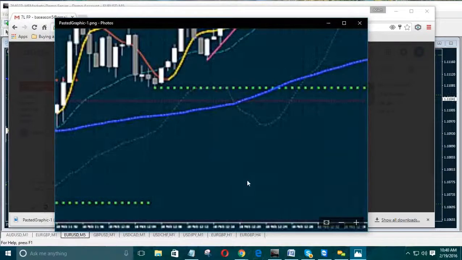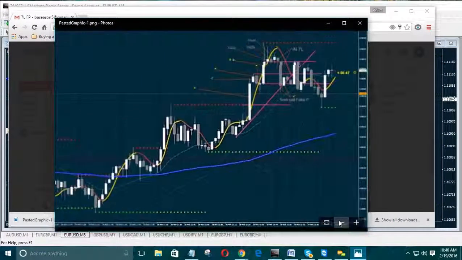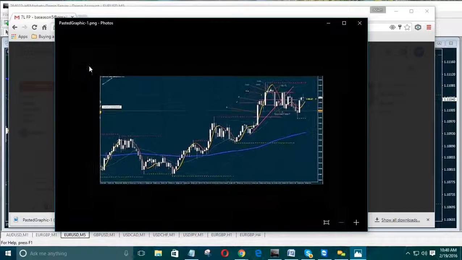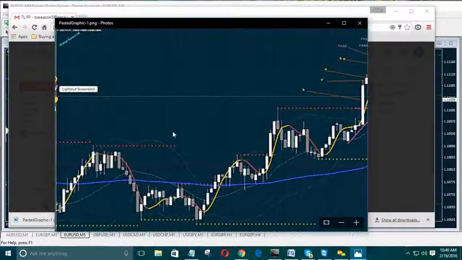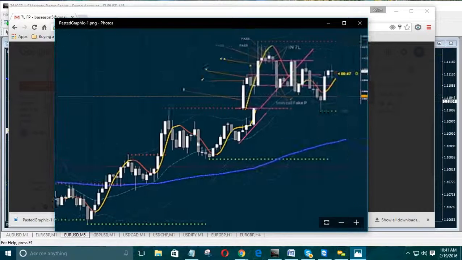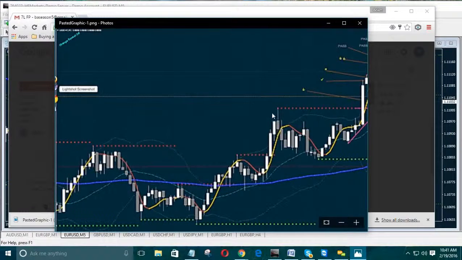What day is this? Maybe I can pull the chart up myself. Can you tell me the date, time, and which currency it is? Because then we can look at it on the chart, and I can get a little bit more clarity on it.